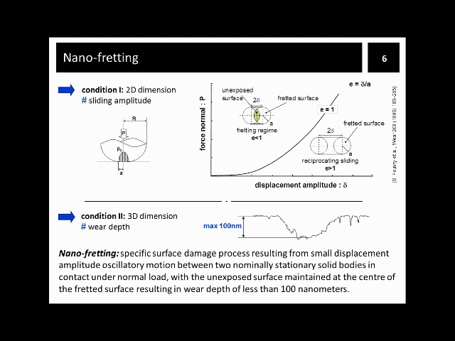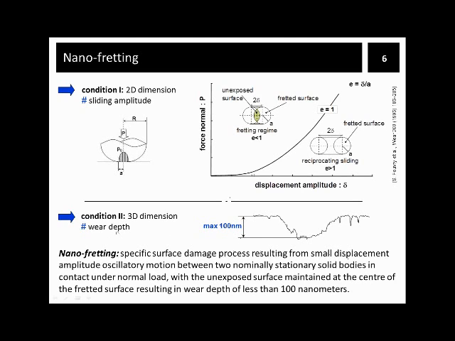The second relates to the third dimension of the wear scar, namely wear depth. It simply links to the general nanotechnology definition, stating that it is the branch of technology that deals with dimensions and tolerances of less than 100 nanometers.